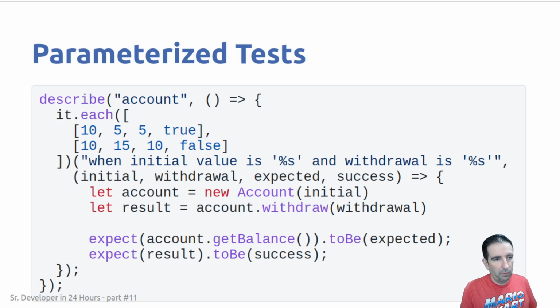So as new cases come about, as we discover that we need to test more edge cases, as we discover bugs, things like that, we can very easily keep adding more arrays to this particular method and have more coverage, have better testing without having to add more boilerplate code.